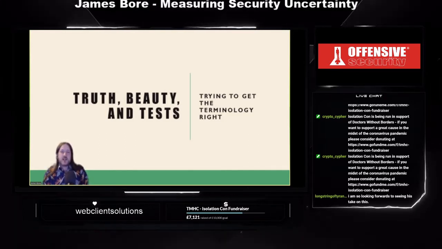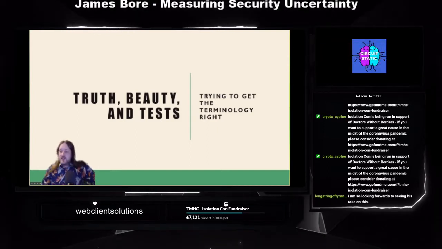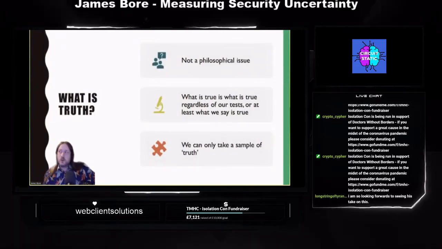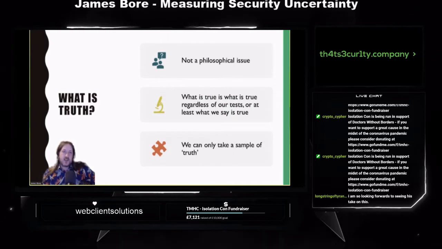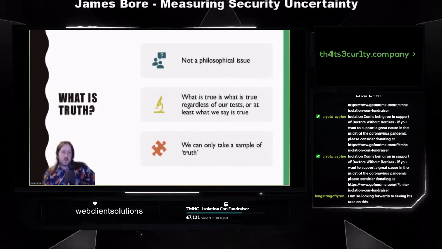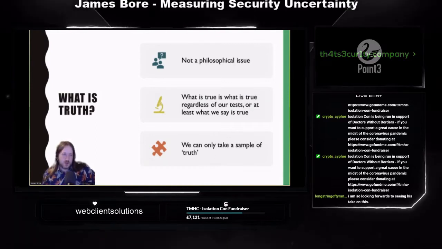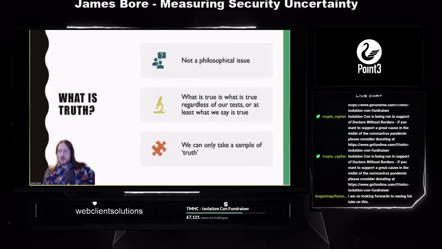We don't expect to get the grand ultimate truth of how the universe works. Since we're looking at it from a security point of view, we'll ignore the philosophy. We will dictate that what we say is true for the purposes of our measurement is true. It's absolutely true. It's unquestionable. If we have cause to question it, we have to start over.